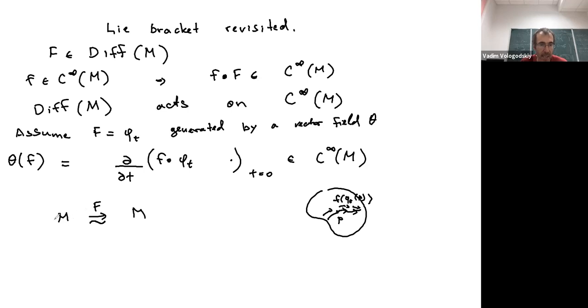So it identifies everything which is intrinsically defined on this manifold. If you have a function here, it gives you a function there; you just take the composition.